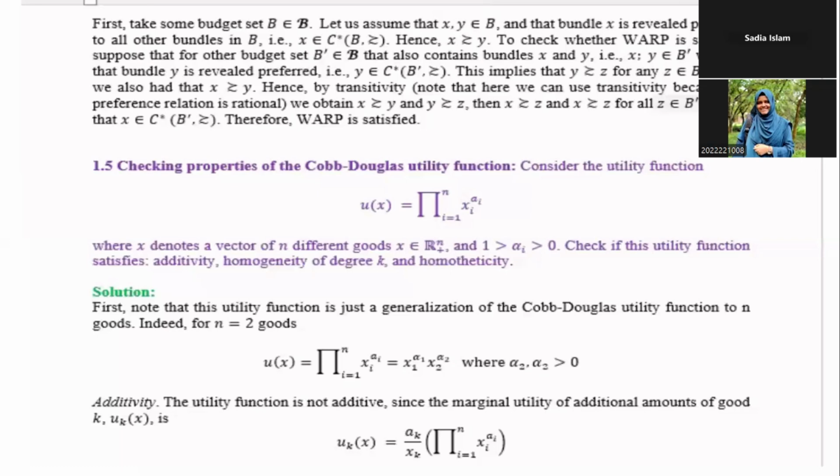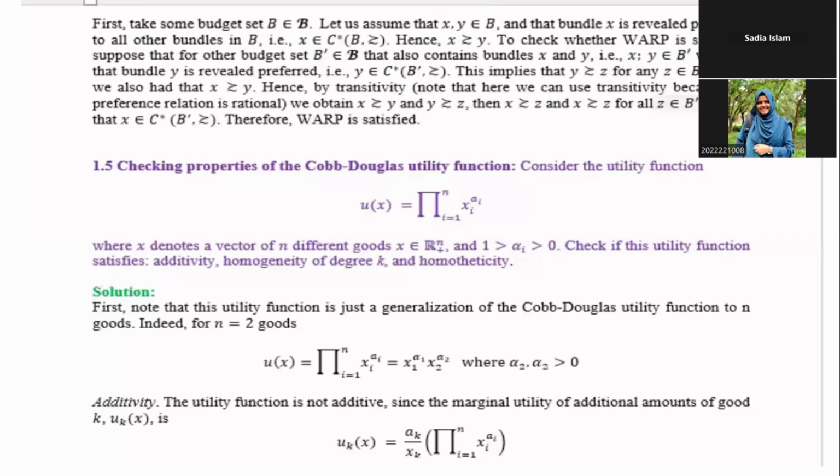To check whether the weak axiom of revealed preference is satisfied, suppose that for another budget set B prime, in the first case we choose X from budget set B, and after choosing X from budget set B, the rest of the set we define here as B prime. B prime is also a subset of the universal set bold B and also contains bundles X and Y. For example, X and Y belong to B prime.